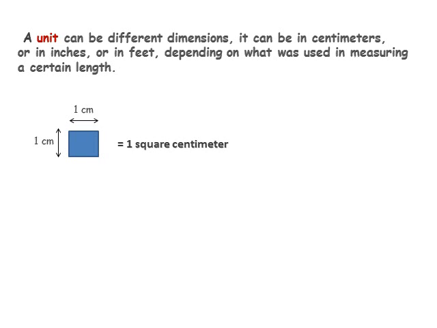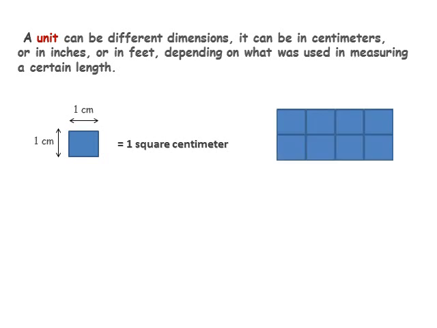See, unit can be centimeters, inches, or feet. So for now we'll be using centimeters to measure the length and the width of this square. So 1 centimeter length and 1 centimeter width would make 1 square centimeter. So this is the area of this square, 1 square centimeter.